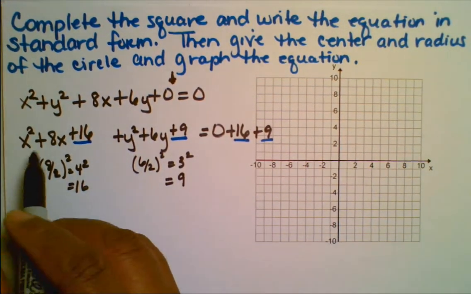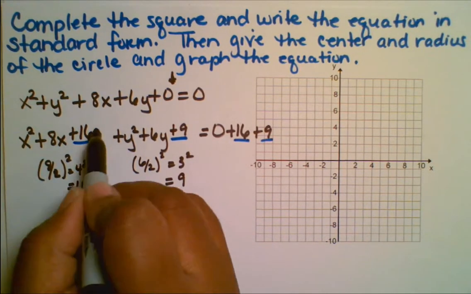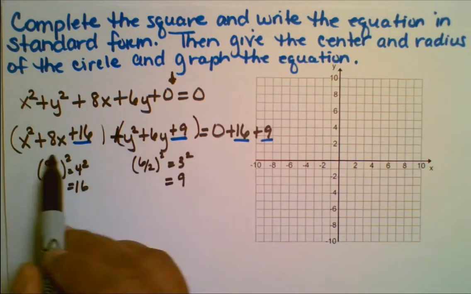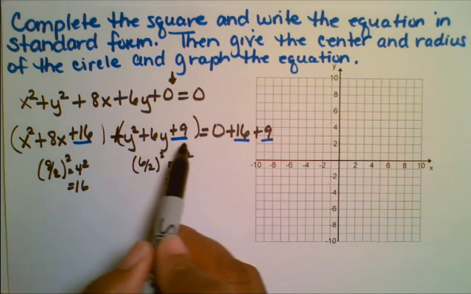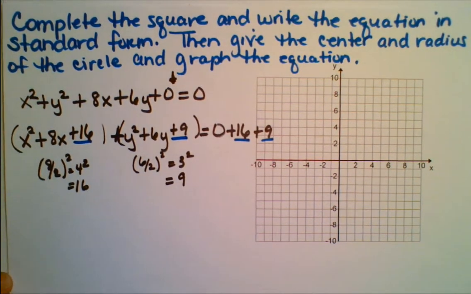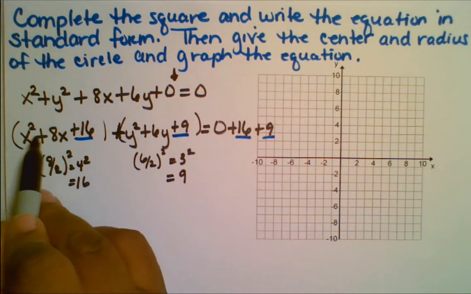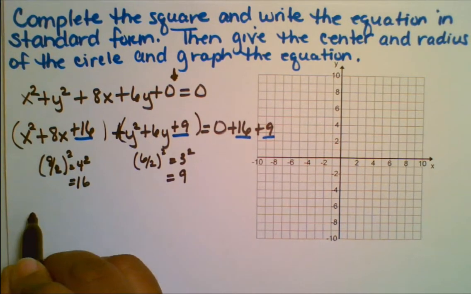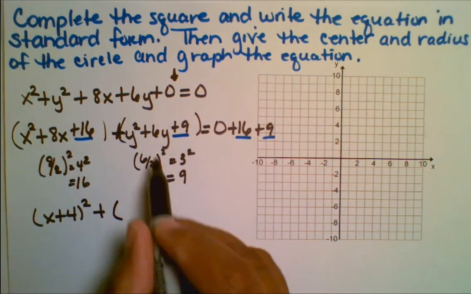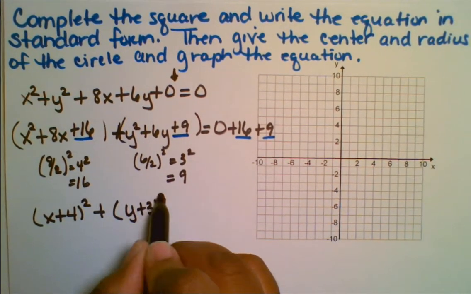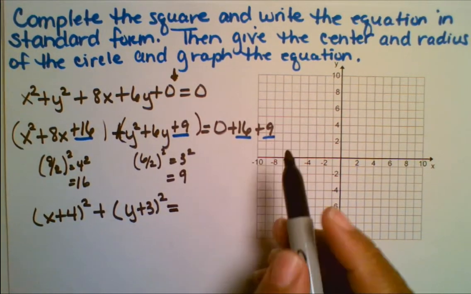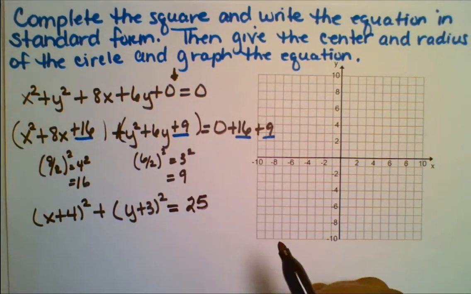So now let's take our perfect square trinomials for x and y and make them into binomials squared. So x squared plus 8x plus 16 is x plus 4 squared, plus y plus 3 squared, equals, on the right-hand side, 16 plus 9, which gives us 25.